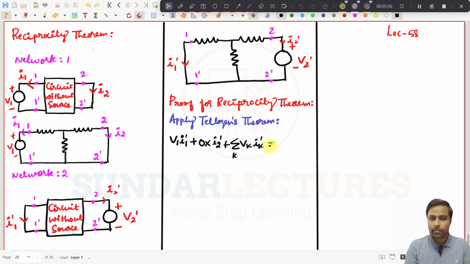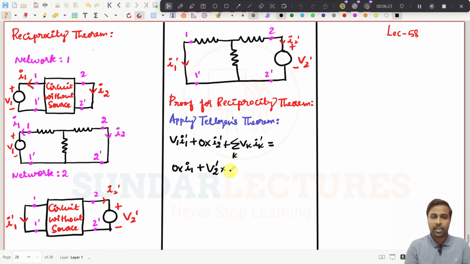And this should be equal to, and I am going here now. So what is the voltage in this branch, second network? That is 0 into, what is the current in this branch? It is I1. It is I1 plus, what is the voltage here? It is V2. Sorry, this voltage is V2 dash.